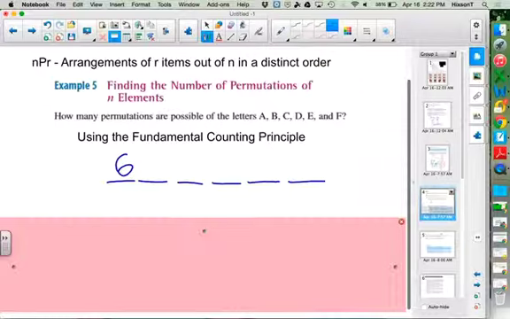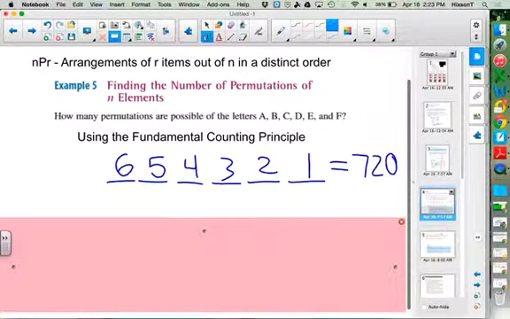So after we place the first one, how many options do we have for the second? 5. And then, 720. That's 720 because those are all different events, and using our fundamental counting principle, we would just multiply all those together.